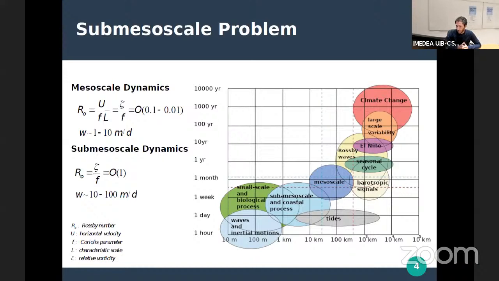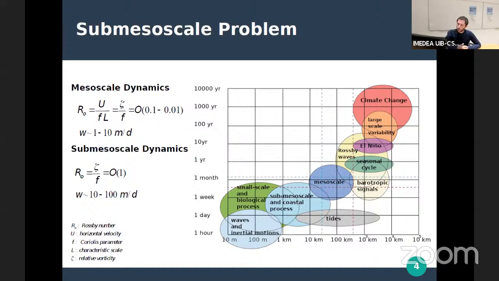And the submesoscale, I titled this problem because the submesoscale is quite overlapped, as you can see in this plot, with other phenomena like tides, inertial motion, and other small scale phenomena. In general, we refer to submesoscale when the Rossby number, that is the ratio between the vorticity and the planetary vorticity, is close to 1.